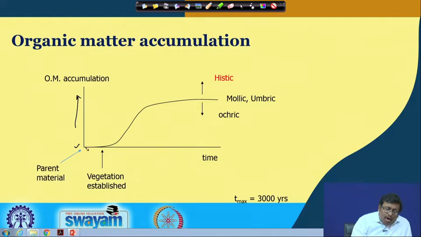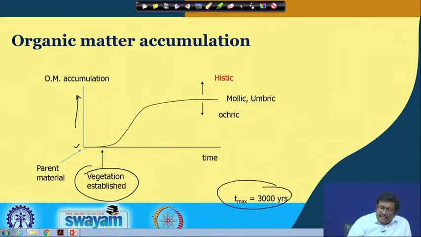As the soil develops from the parent material and vegetation is established, after a certain period of time, T max given here as 3000 years, the organic matter accumulation will continuously increase and reach a plateau, and at this time we will call this melanic or umbric.